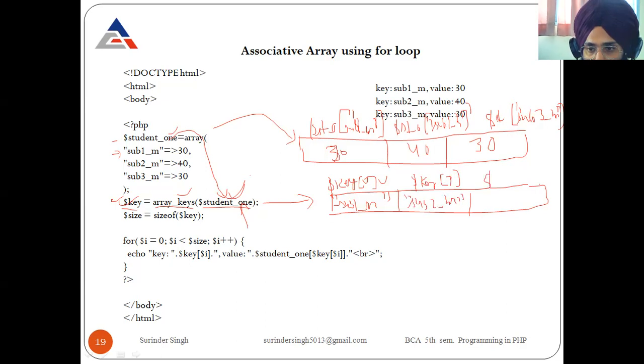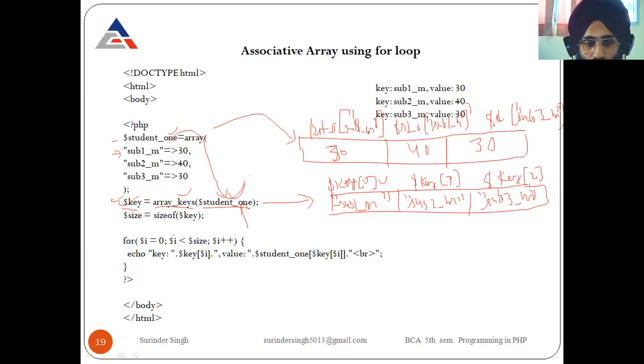And at the third index, key 2, it stores the third key, which is subject3_m. Clear?